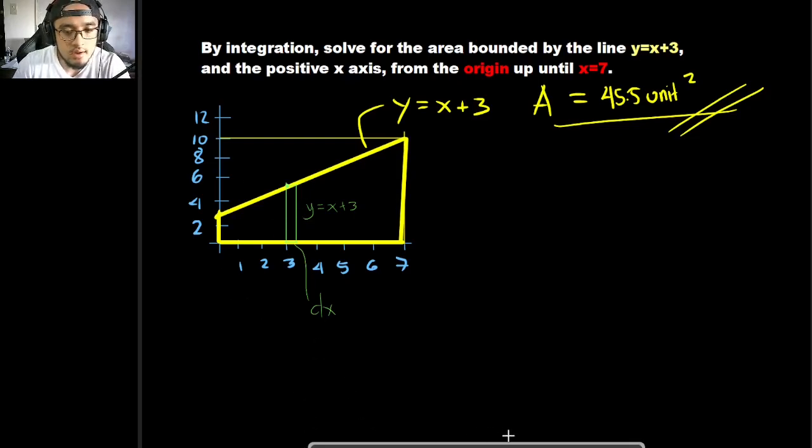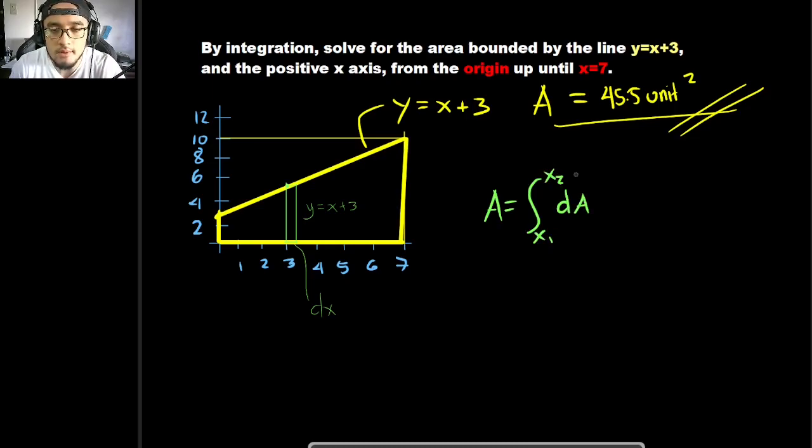So let's just write it in our equation form. For us to get the area, that is to be the integral of the differential area from the first limit up until the last limit, or the lower limit up until the upper limit. Our x sub 2 is to be 7, and our x sub 1 is to be 0.